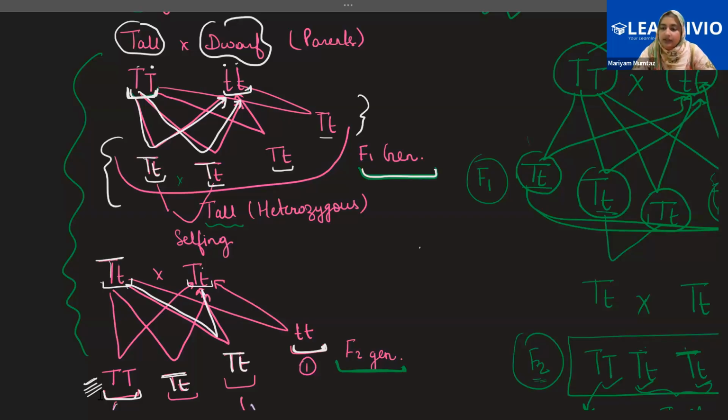I'll be sending you the PDF, okay? Yes, and ma'am, you can read from my notes. And I'll be prepared with dihybrid and monohybrid cross.